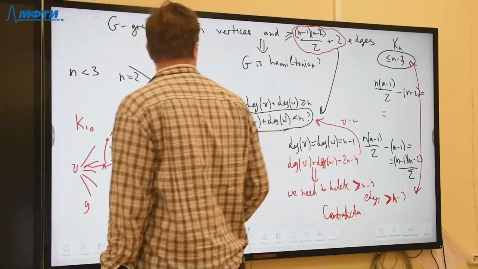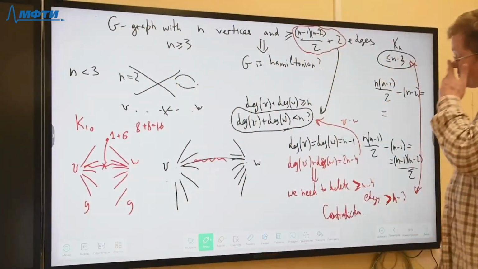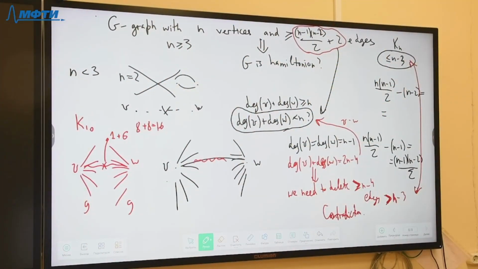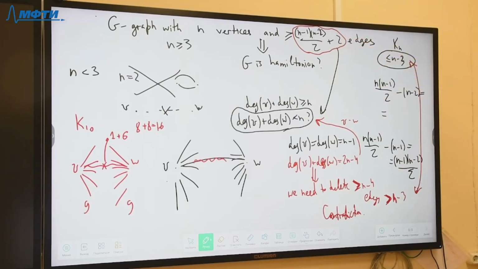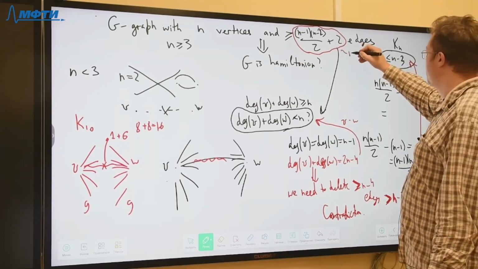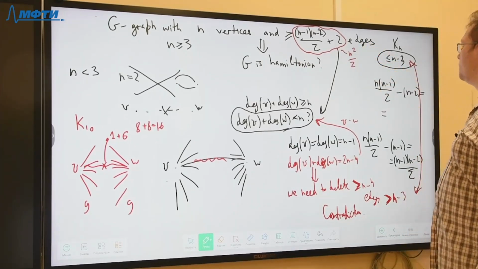We already checked that if we take a graph which has one less edge, it is not Hamiltonian, and with these edges we can prove that graph G is Hamiltonian. But this is not a very pleasant estimate, because this is similar to n squared over 2.